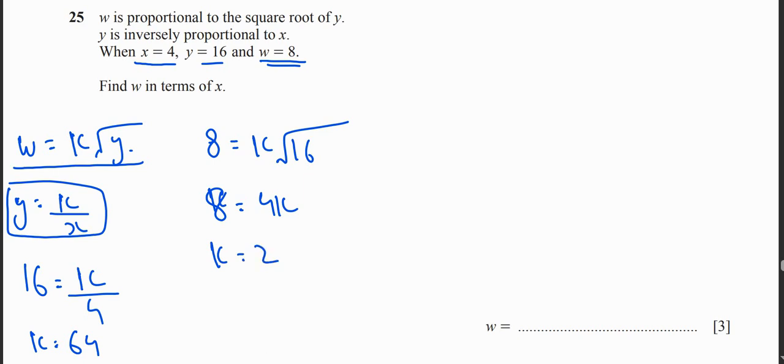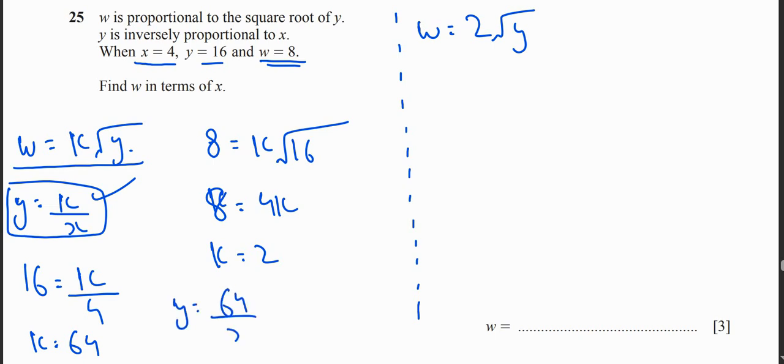So remember this equation we made, W is equal to k root y. This will now become W is equal to 2 under root y, because the value of k is 2. And from the other equation we got y is equal to 64 upon x.